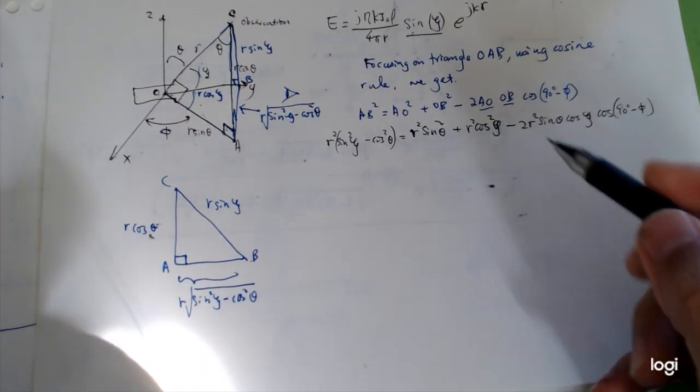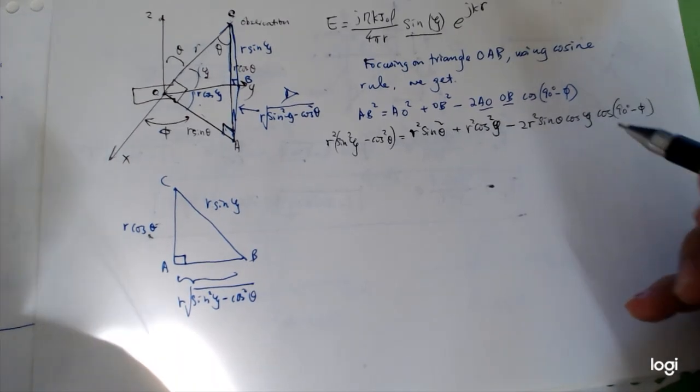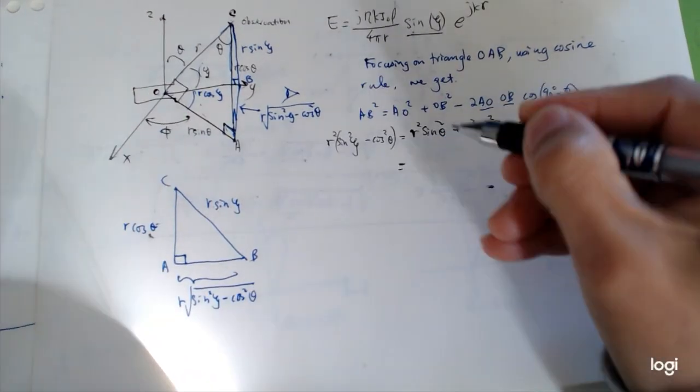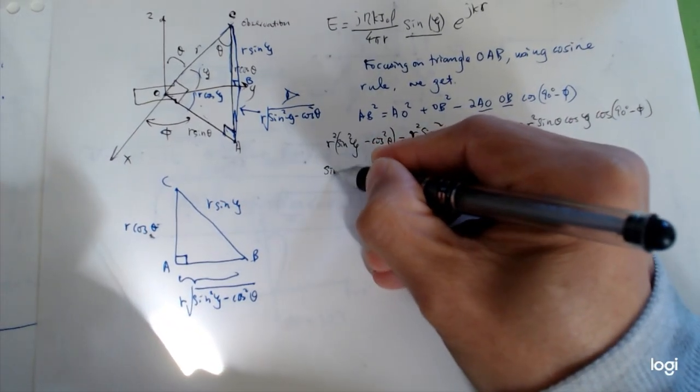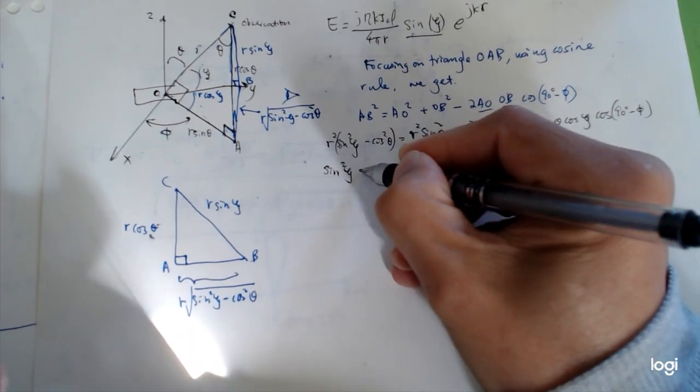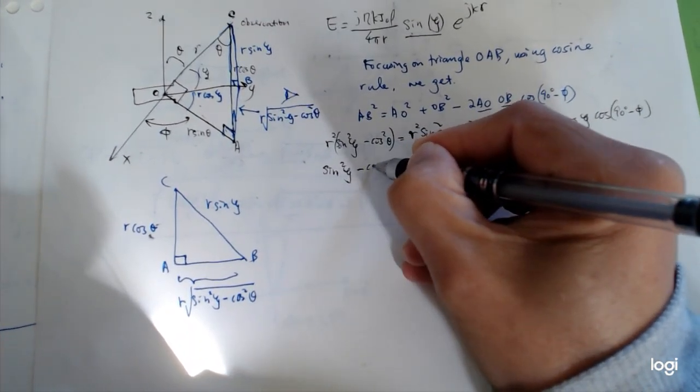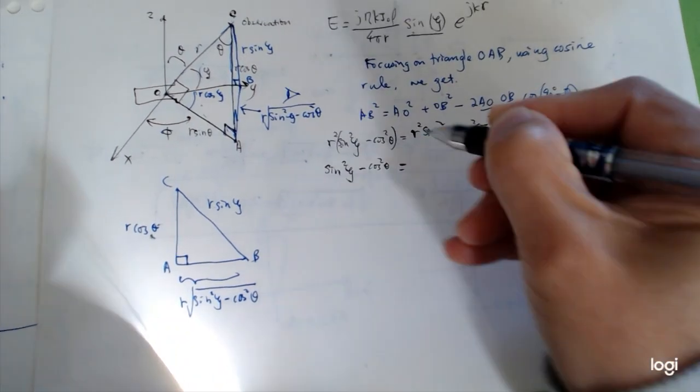So it looks very complicated, but actually it's very simple. Sine theta. So we get rid of R, which is common in both sides of the equation.